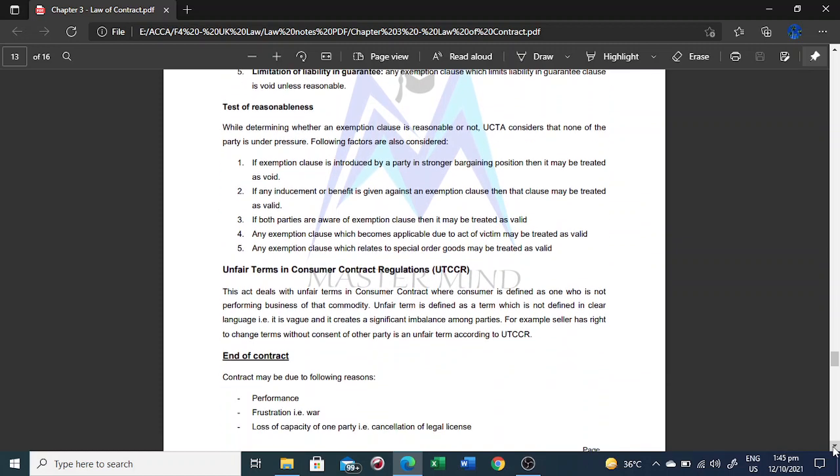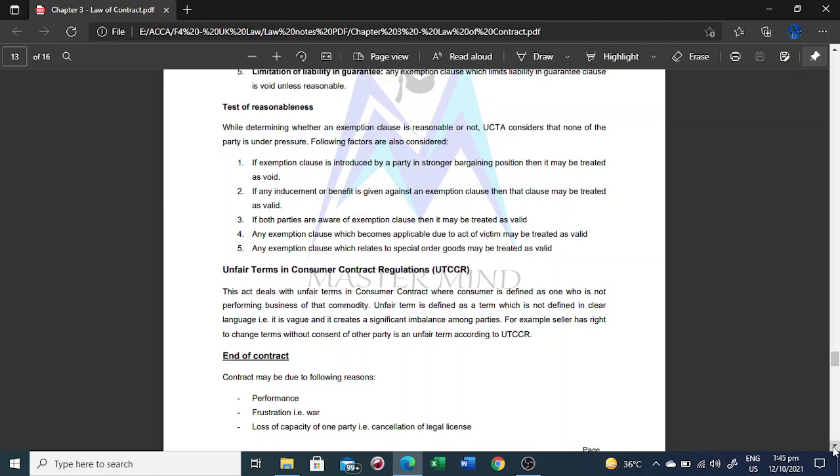Now, the test of reasonableness. While determining whether an exemption clause is reasonable or not, there's a reasonableness test that UCTA has mentioned. If an exemption clause is introduced by a party in a stronger bargaining position, then it is going to be treated as void. Sometimes it happens that one party is very strong and the other party is not, so the less strong party usually agrees under pressure to all other clauses.